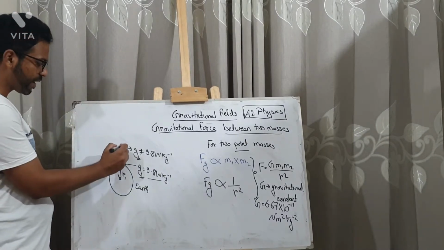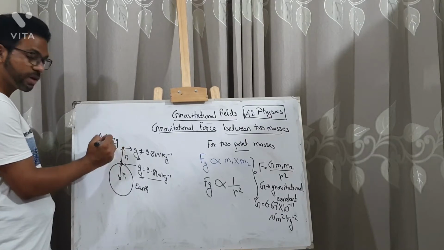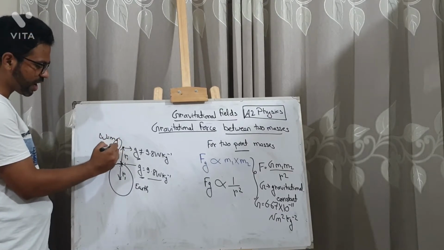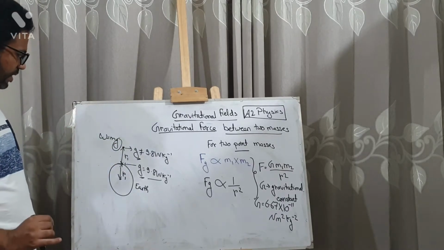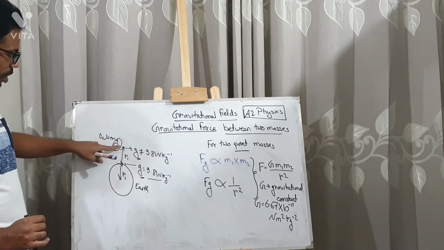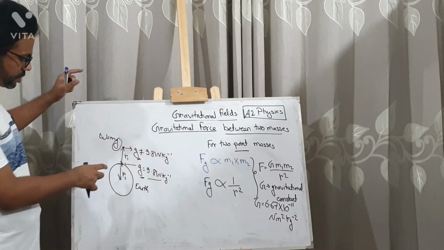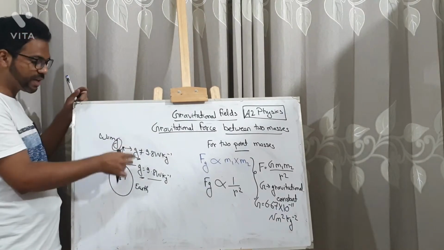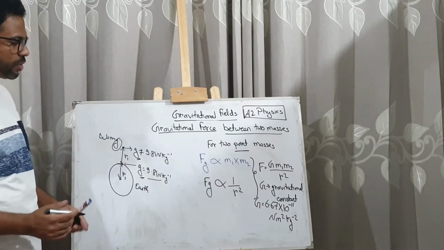So if I tell you to find the weight of an object at this point, you can use the formula W equals m into g, but in that case you have to know the value of g at this point. So that is difficult to find. Rather, we have another equation which can be used to find the force acting on the object at this point, which is twice r1. Okay, so even if we go very far from the planet, we can still find the gravitational force acting on the object, which is the weight of the object also.